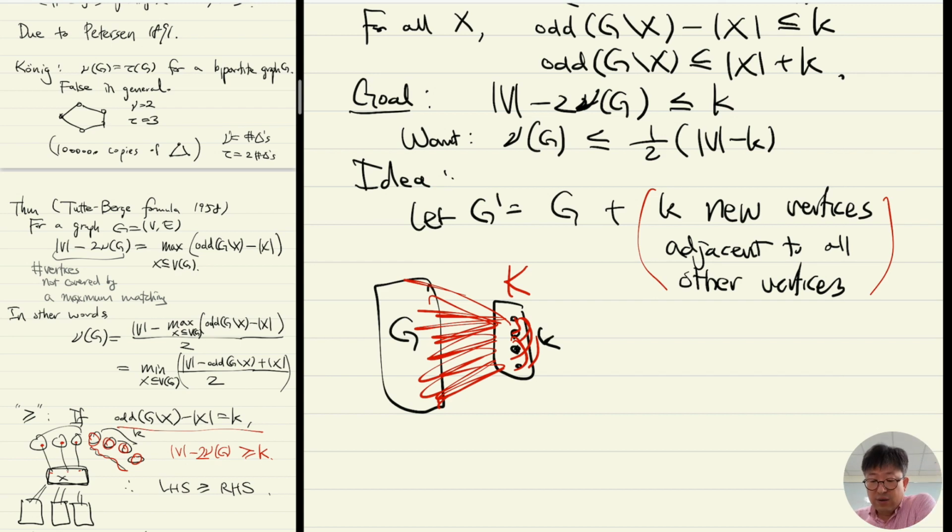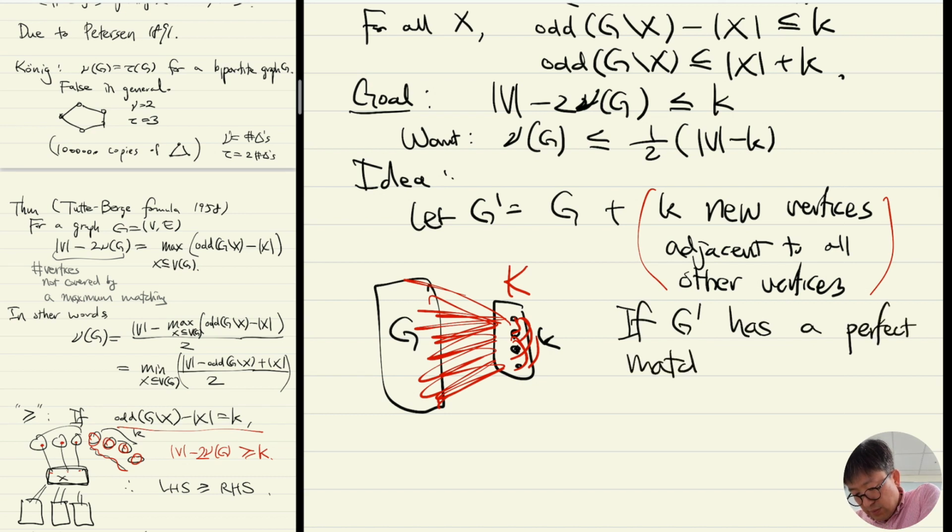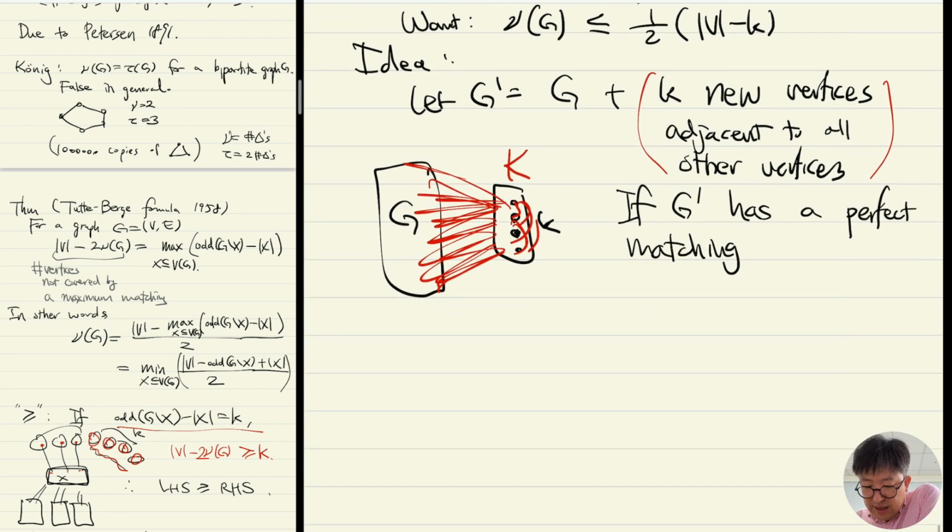Now, if I say that this new graph G prime has a perfect matching, then what's going to happen?